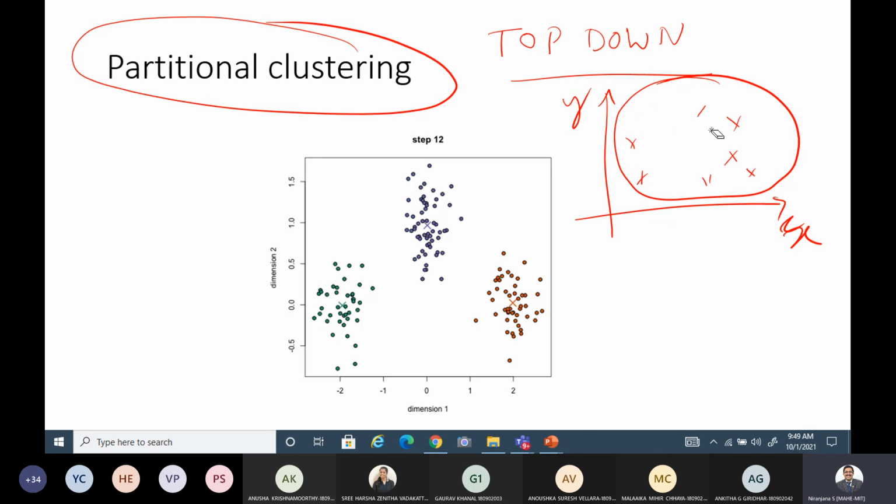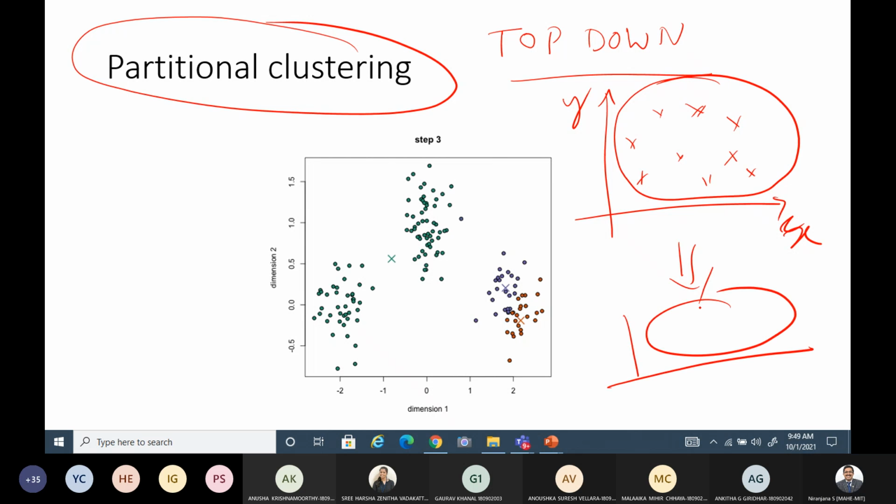So you are coming out from multiple samples in a single cluster, and finally you will be leading into multiple clusters. So that is a kind of procedure or algorithm.